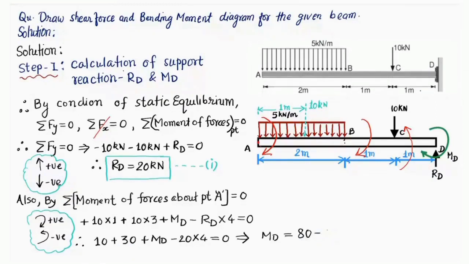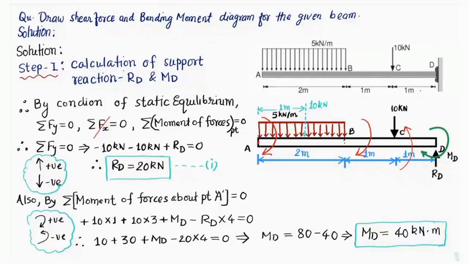So 80 minus 40, as you can see, this is 80, this is 40. So 40 minus 80 is going to be minus 40, will go on that side and become 40. So I'll be getting from here MD, that is the moment reaction at point D, will be 40 kilonewton meter.